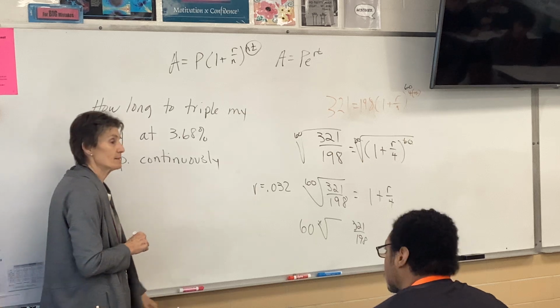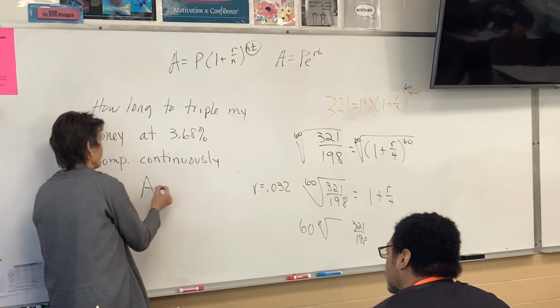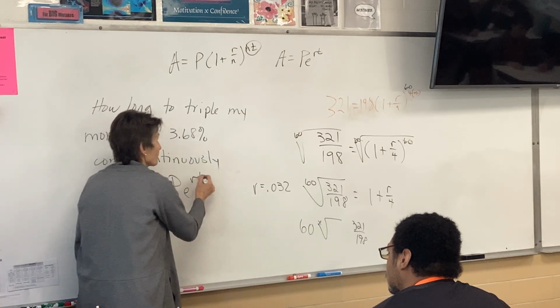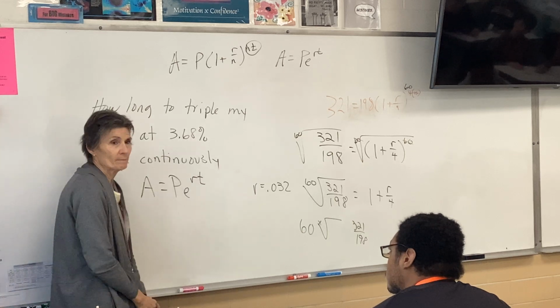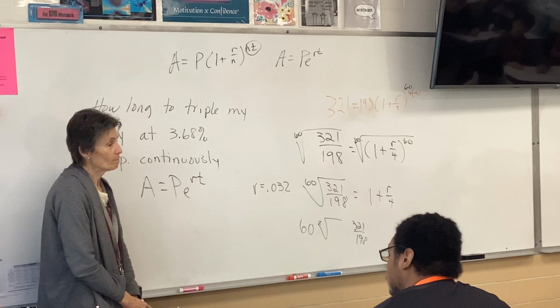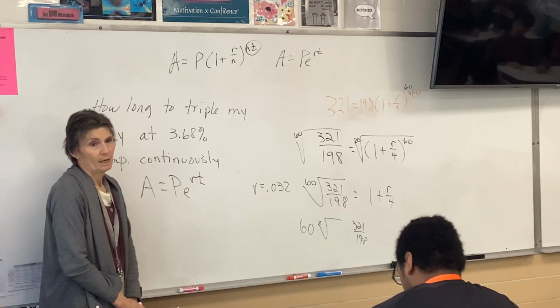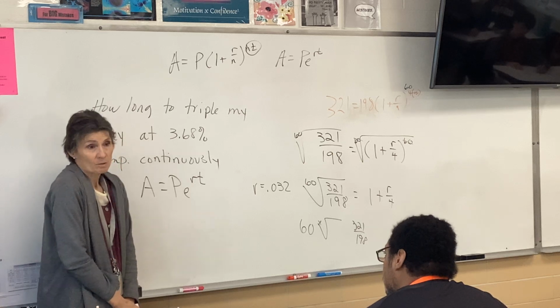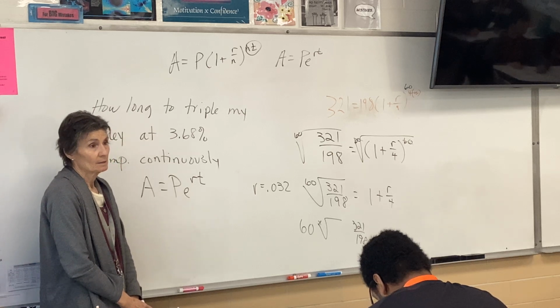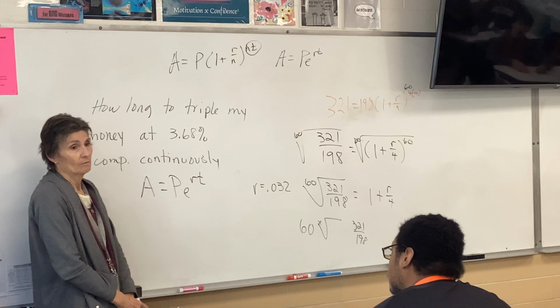Okay? All right, so what goes where? Do I know how much I'm starting and ending with? Nope, but what do I know? You can pick one. I'm ending with triple, 3 times what I started with. So what do you wanna start with? 4?